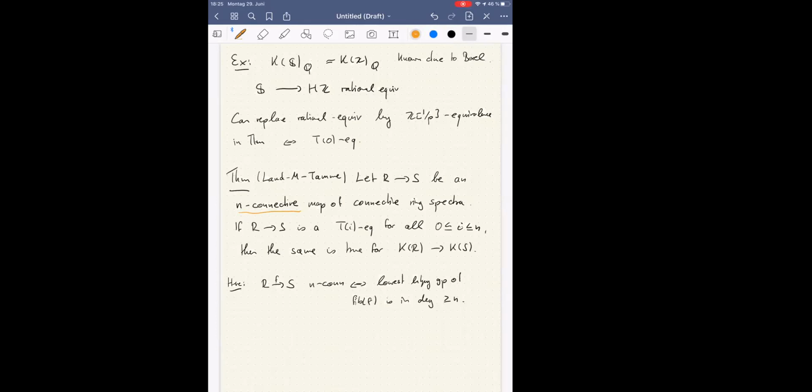We have to demand a little bit more. Here we demand it's n connective, so in Waldhausen's case it would be more like 1 connective or 0 connective. And the other thing, which might be a little bit more surprising, is that we don't just phrase it for Tn equivalence, but we really want to have T0 up to Tn equivalence. But this is the result we prove.